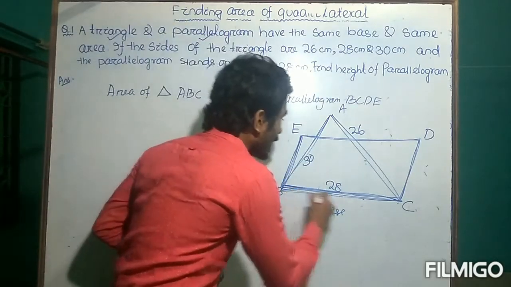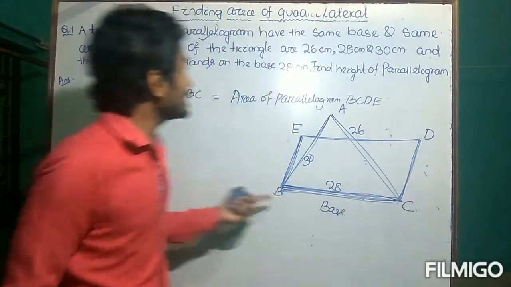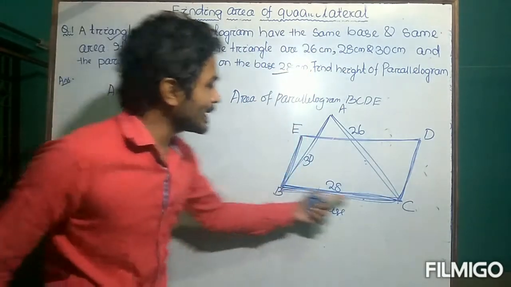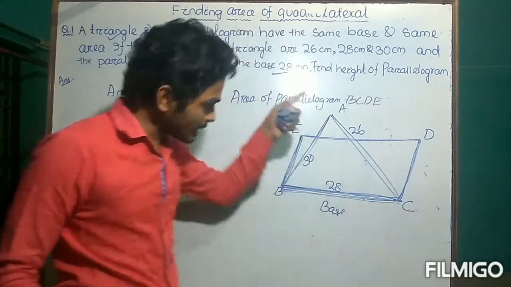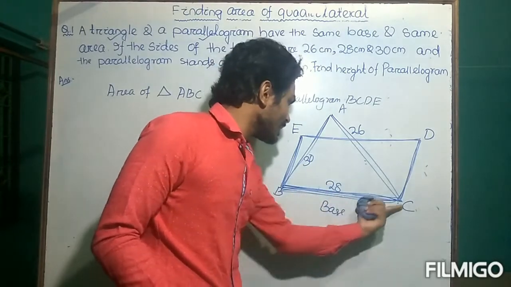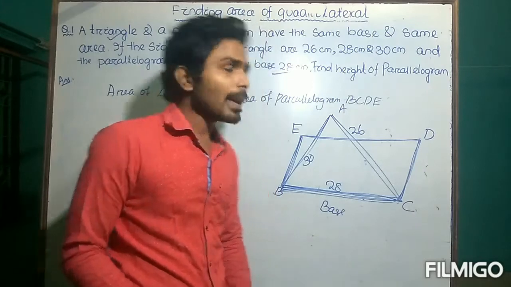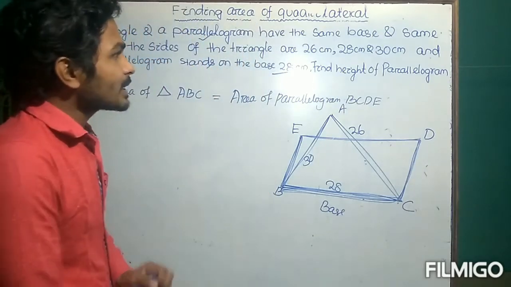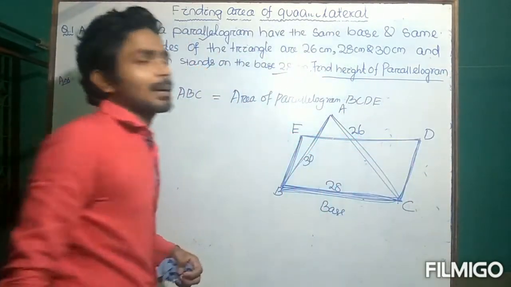If it is a parallelogram, then it stands on which side? BC side, and this BC side is 28, already given, because it is also the base of the parallelogram. Both are equal. So what we will find? We will find the height of the parallelogram.